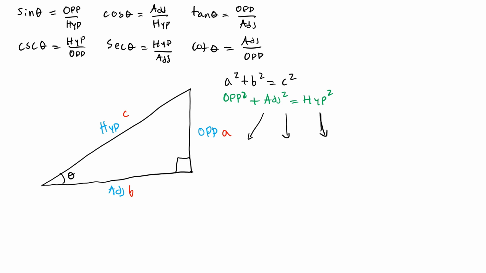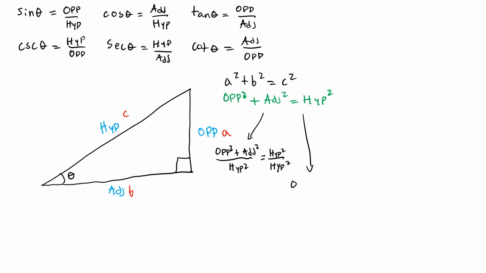So, let's start off with this. What if we divided all sides by hypotenuse squared? So we get opposite squared plus adjacent squared over hypotenuse squared equals hypotenuse squared over hypotenuse squared. Okay, I'm just gonna draw it in order. So this arrow here, what if we divided all sides by adjacent squared?